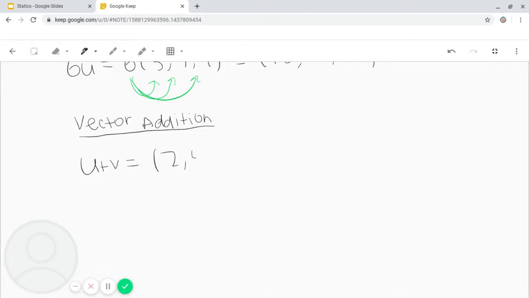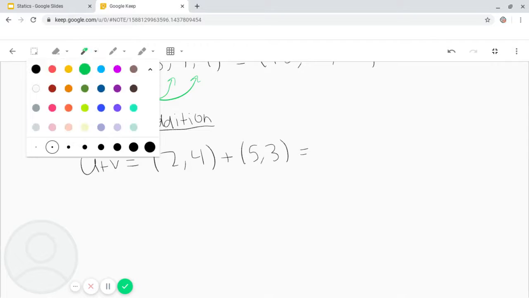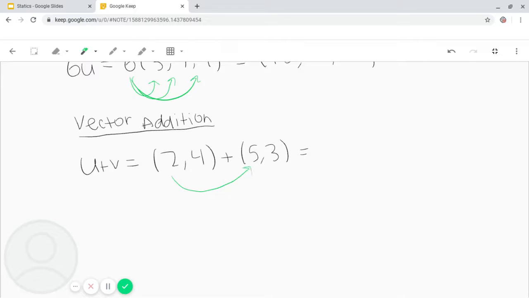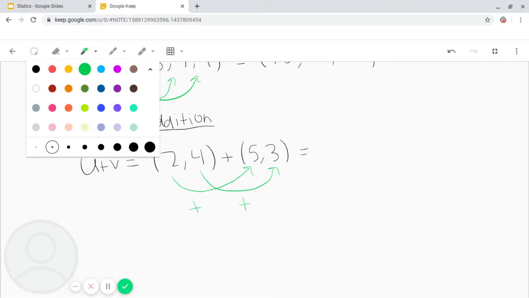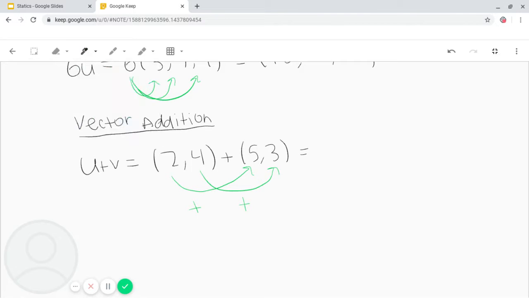So we're looking at 2, 4, plus 5, 3, and we simply add these. And that would result in vector 7, 7.